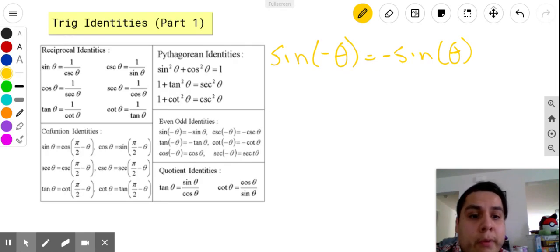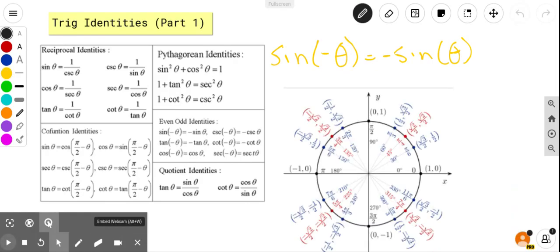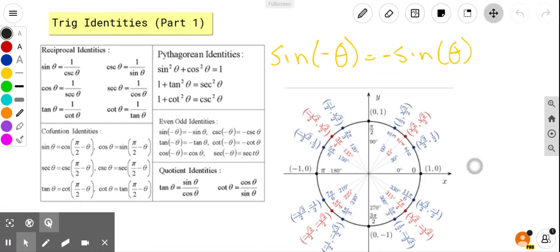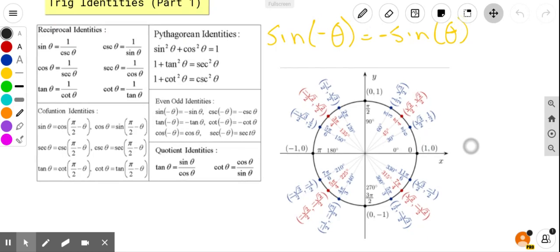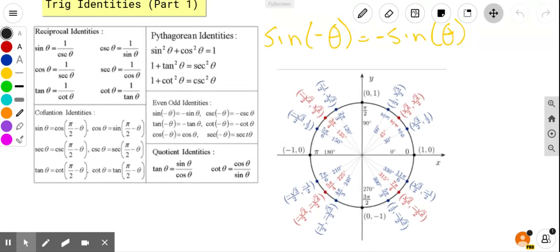So let me go ahead and pull up the unit circle for this. Okay, so here's the unit circle. Now let's make sense of why sine of negative theta would equal the negative sine of theta. Here's what we notice. When I see a negative angle, I think of it as a clockwise rotation.